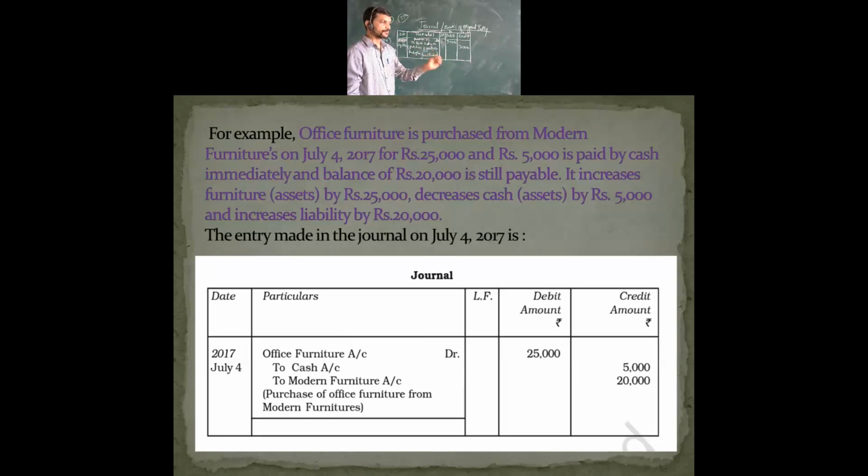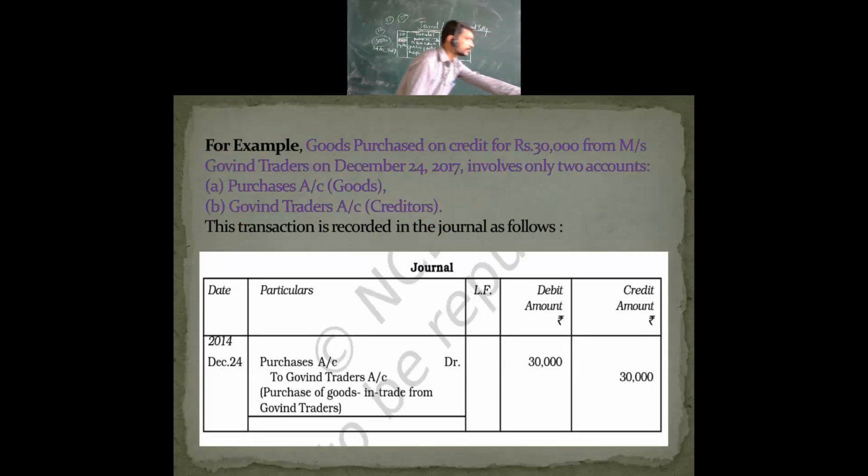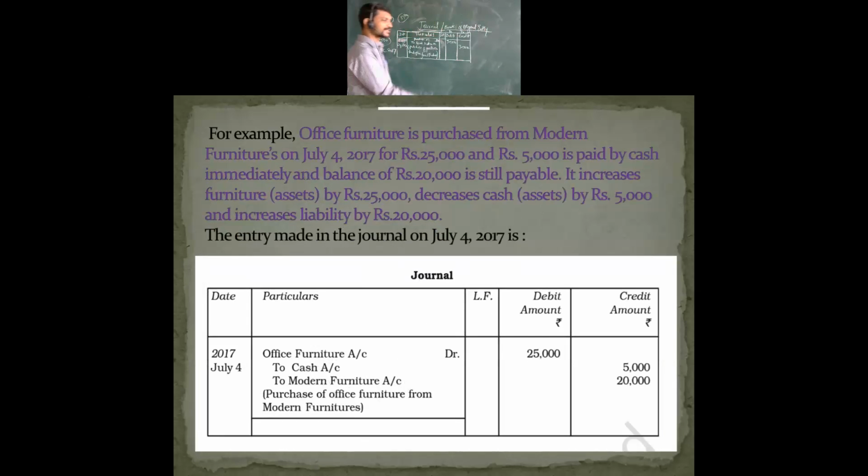It increases furniture assets. You are increasing the furniture assets by 25,000, decreasing cash by 5,000, and increasing liability by 20,000. So this is compound, a complicated thing. Where only two accounts are involved, it is a simple journal entry. Now this is a complicated entry you can see over here.